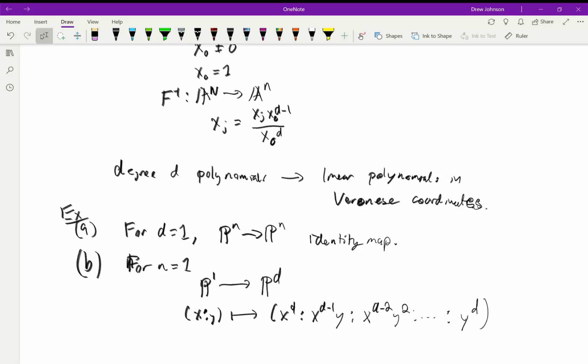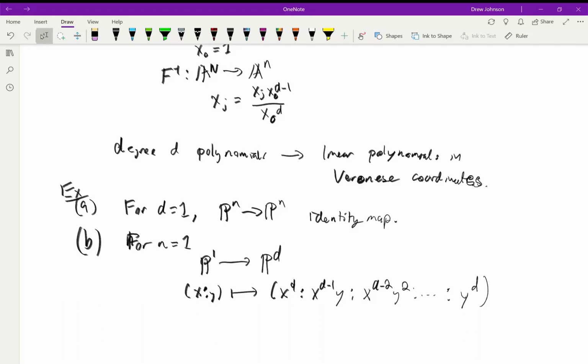In fact, I think I gave you an exercise of the case where d equals 2 earlier in the semester, where we looked at this Veronese map. All right, so that's just to get you thinking about some examples for small n and d.